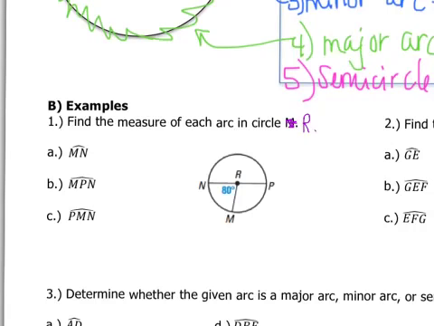Now, one thing that I haven't told you is how the measure of the central angles relates to the measure of its intercepted arc. Do you have any idea how the measure of angle NRM, which is 80 degrees, relates to the measure of arc MN?